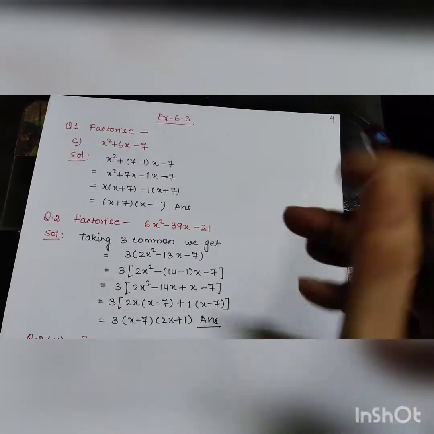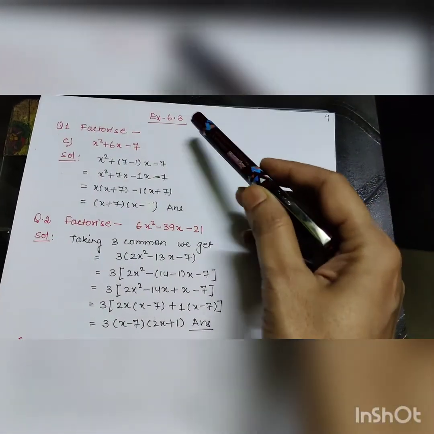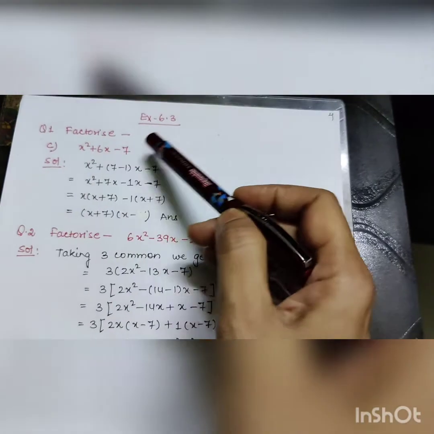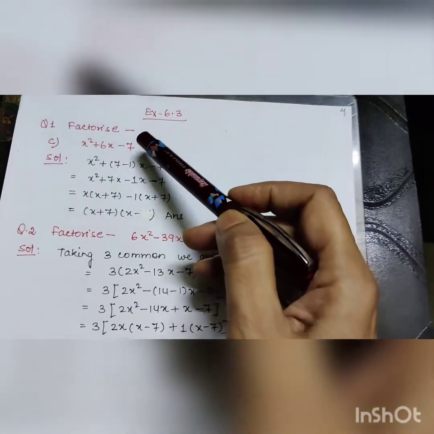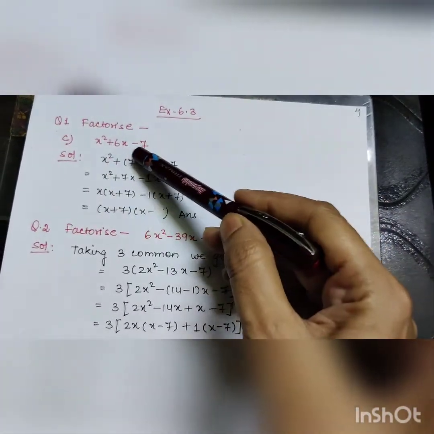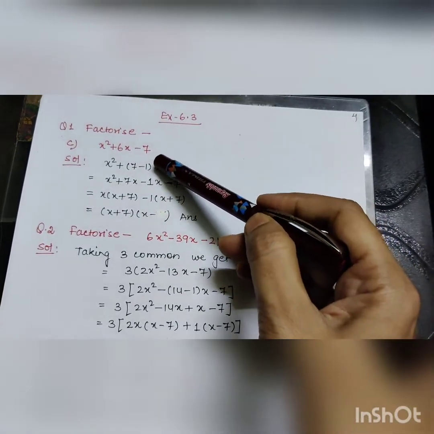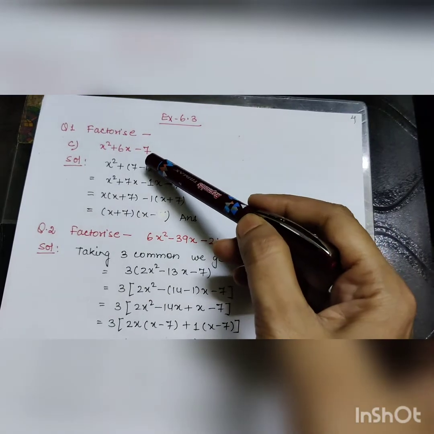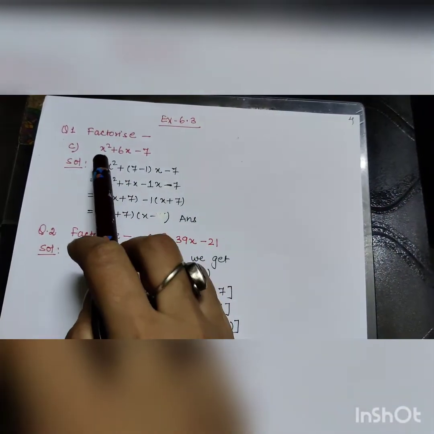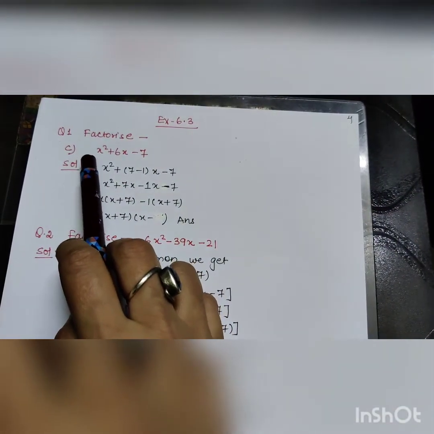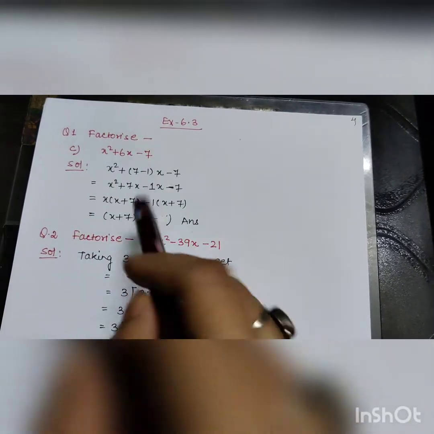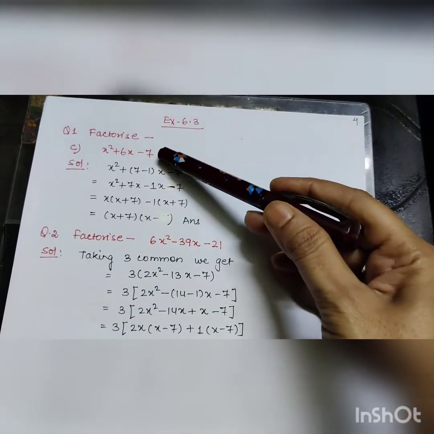Let's come to exercise 6.3. Question number 1. We are given: factorize x square plus 6x minus 7, and we have to use the method of middle term splitting, right? So what we have to do is multiply the coefficient of x square with the last term, that is 7.